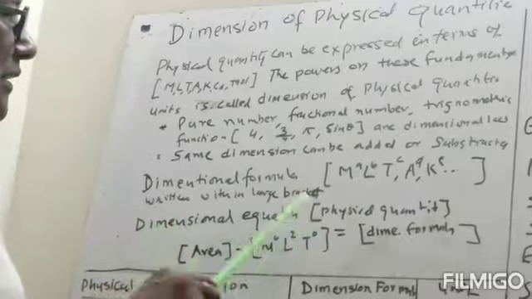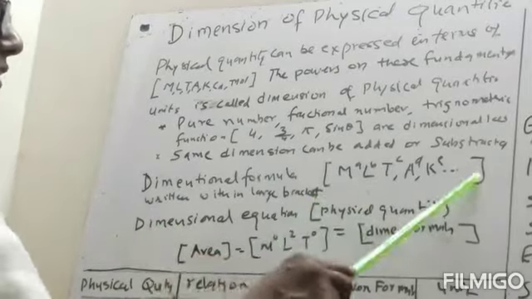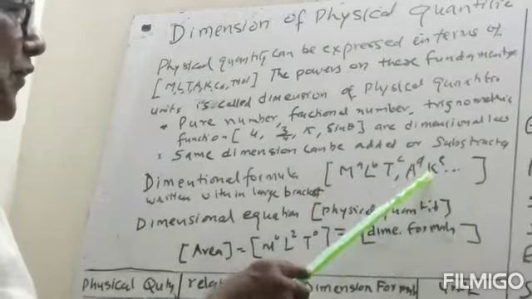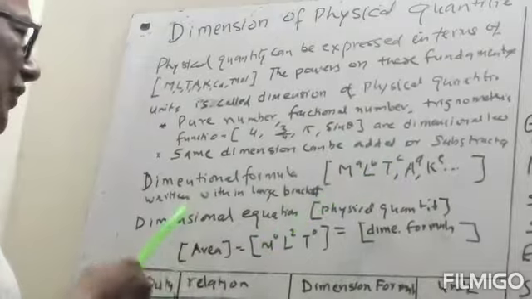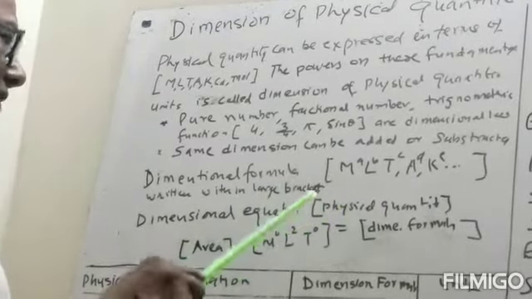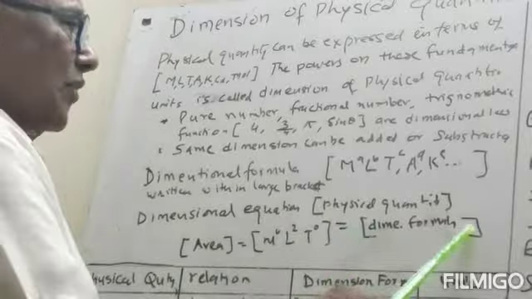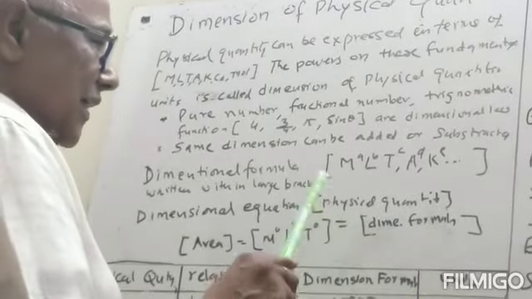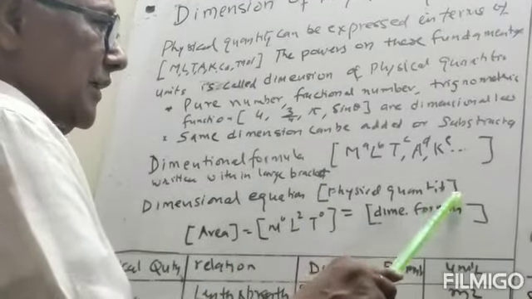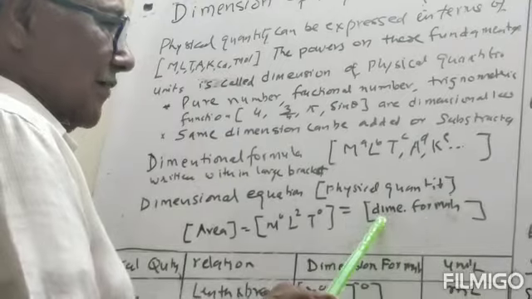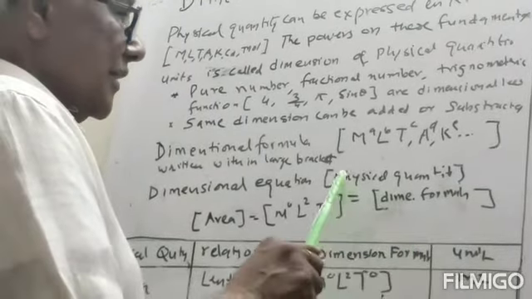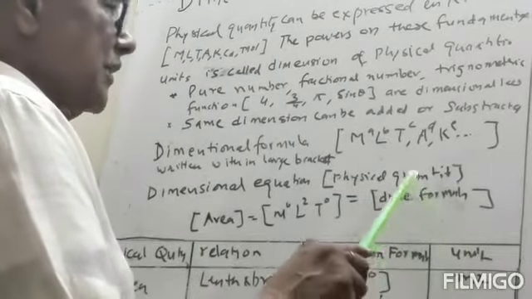This is the dimensional formula. The dimensional equation is, if we write the physical quantity on the left hand side and the dimensional formula on the right hand side, then this will be known as the dimensional equation.